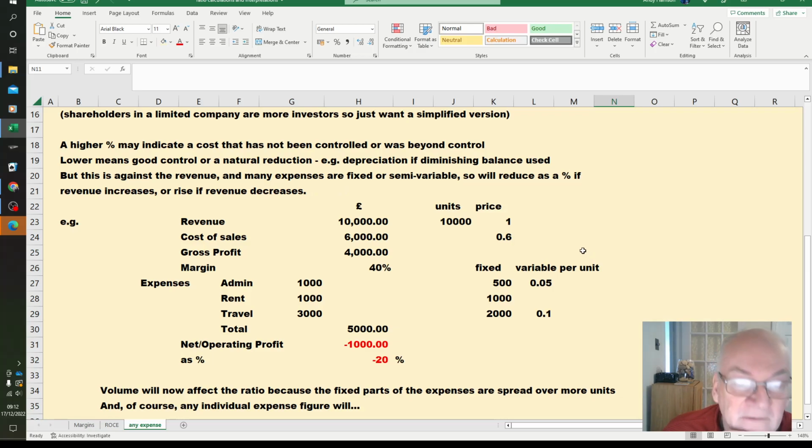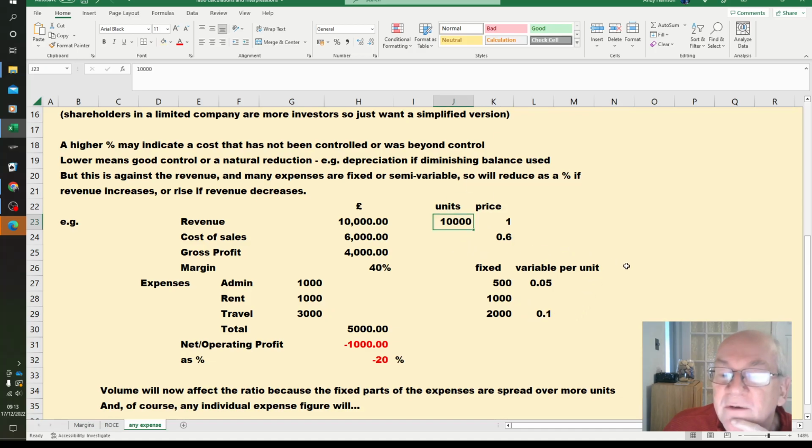So let's have a play around with some numbers. We've now got 10,000 units at £1. Cost of sales 60p each. So we've got the cost of sales, gross profit margin and a margin. We've got some admin costs, that's a semi-variable, fixed part variable, rent purely fixed, travel semi-variable. So let's just have a look, see what can happen.